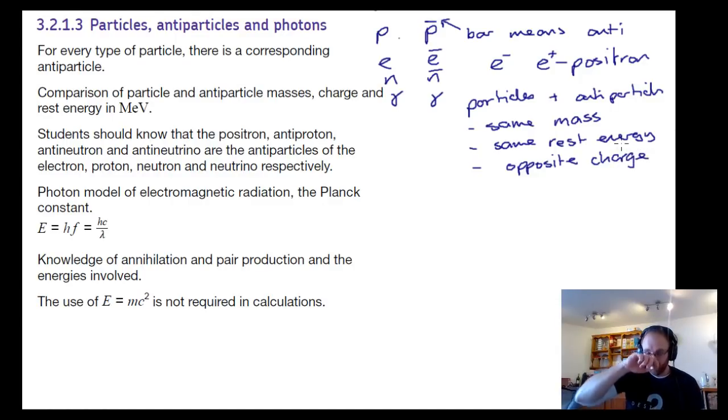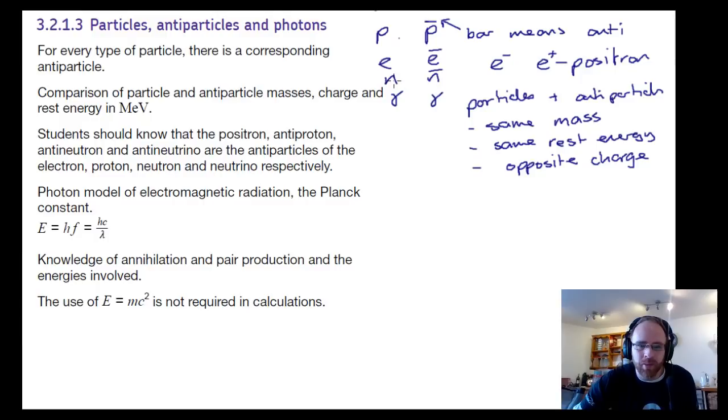So protons have a +1 charge, antiprotons have a -1 charge, electrons have a -1 charge, and positrons have a +1 charge. Neutrons have 0 charge, and antineutrons have 0 charge, but they are slightly different.